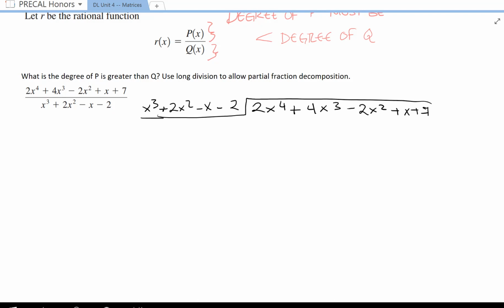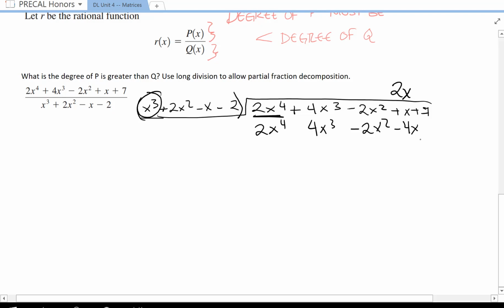Okay, x cubed times what gives me 2x to the 4th? Well, that would be 2x. 2x needs to go in the x column, so we'll put it right here. 2x, and then you're going to multiply everything in your divisor times 2x and put it below the dividend.